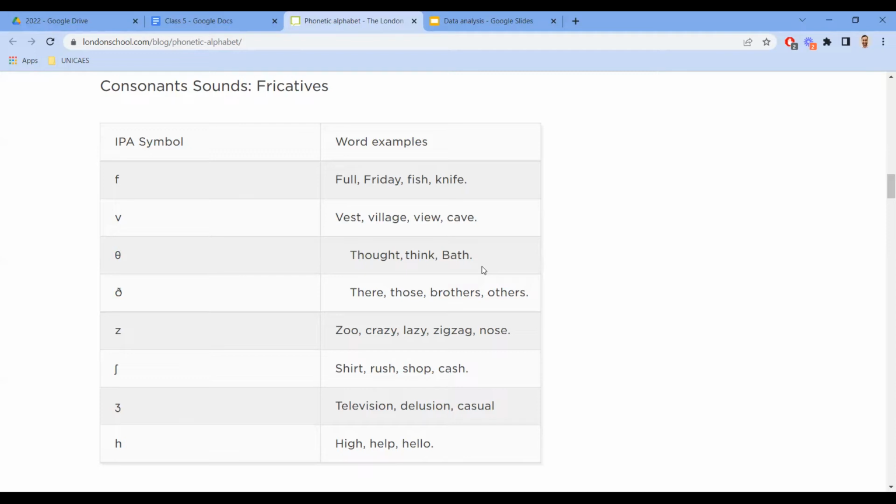For example, if you get your hand right here where your tonsils are, you may experience some vibration when you are talking. So those fricative sounds are sounds that vibrate. For example, the f, v: full, vest, thought. So that is sort of vibration.